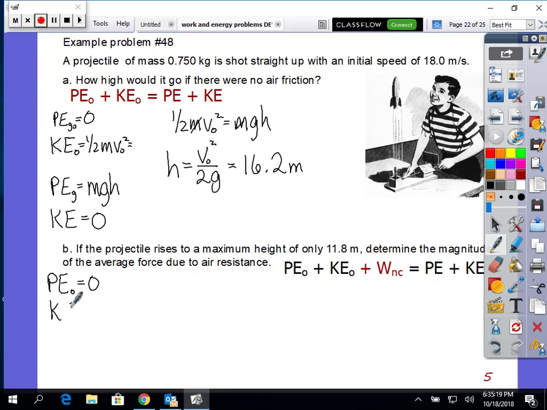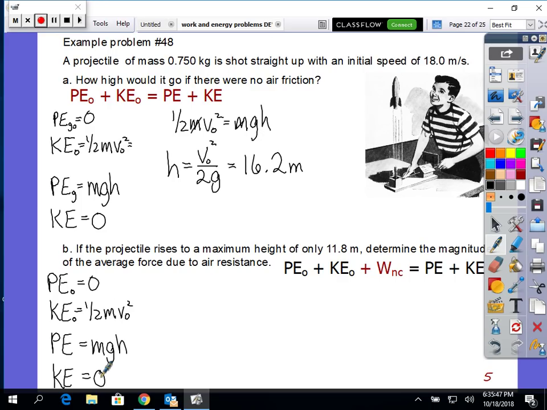Kinetic energy at the beginning, 1/2 mv0 squared. Potential energy at the top is mgh. That's our new height, the 11.8 meters, and the kinetic energy at the top is 0.